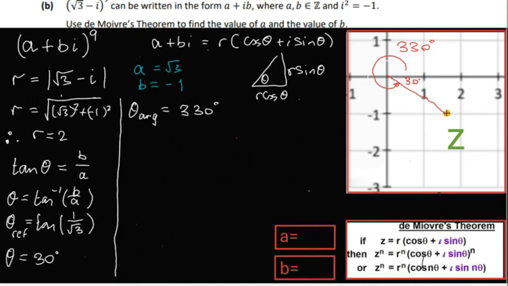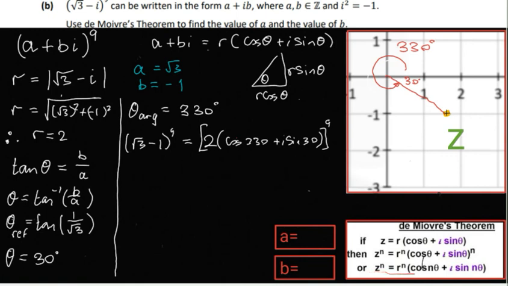Alright, so all we have to do now is put it all together and compute it out with the calculator. So a plus bi to the power of 9, which is root 3 minus i to the power of 9, is equal to r, which is 2, by cos of 330 degrees plus i sine of 330 degrees, and that's all to the power of 9. So now we're going to bring in our 9, as you can see below.